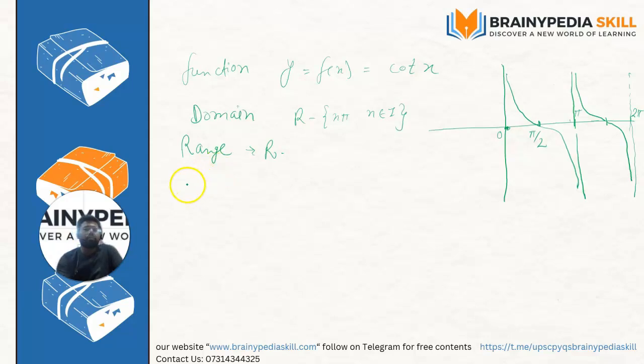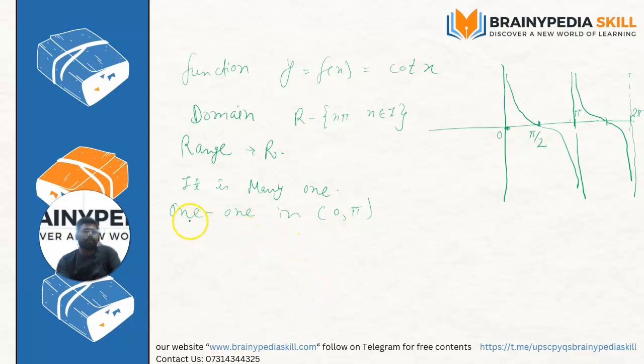Clear? Now, is it many one function? So yes, it is many one function, but it is one one as well. So it is many one, and one one in the interval 0 to pi.